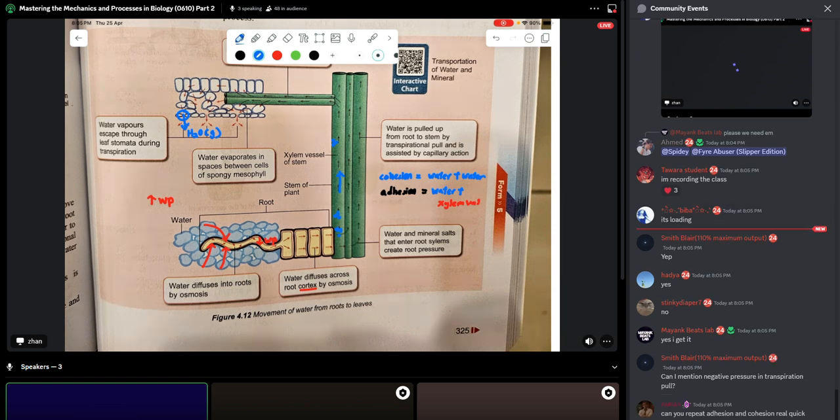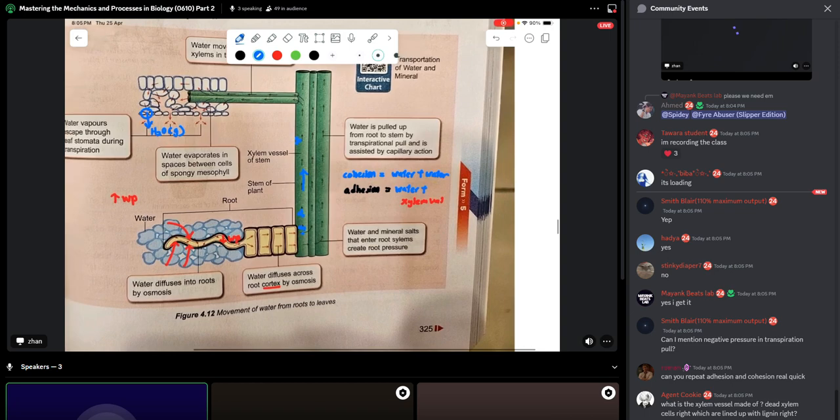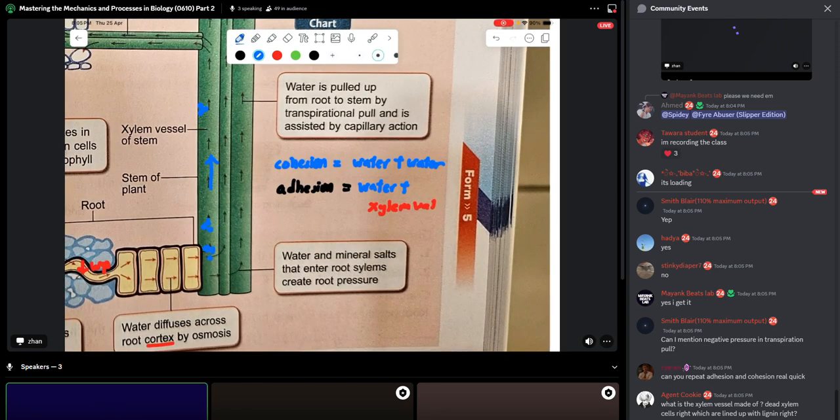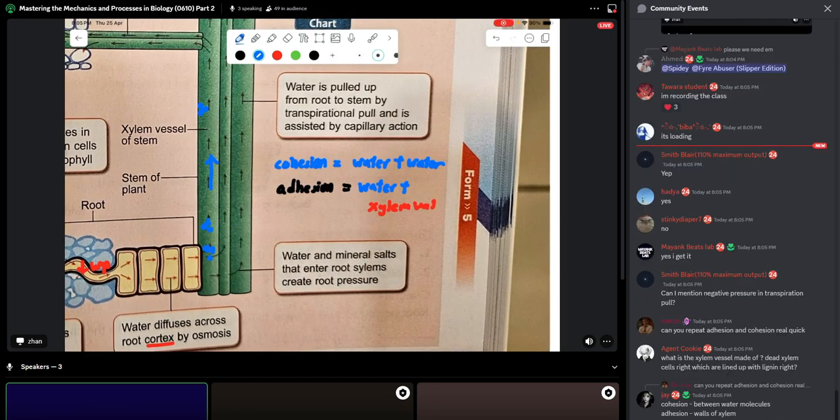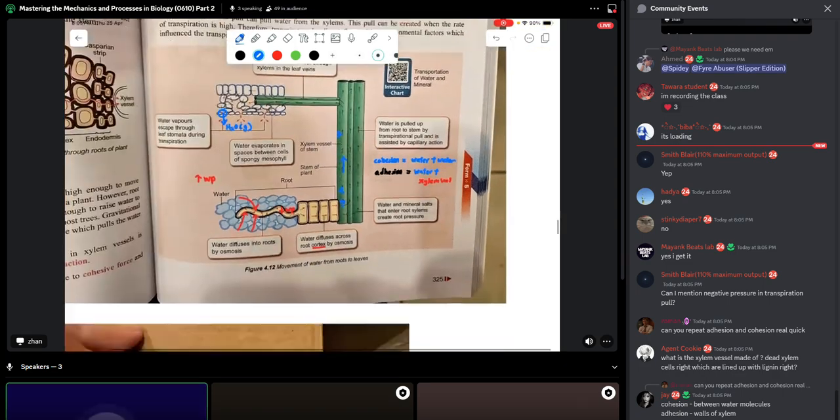Can I mention negative pressure in the transpiration pull? Okay, so repeat adhesion and cohesion. Cohesion is between one water molecule with another water molecule. Okay, refer to this diagram.